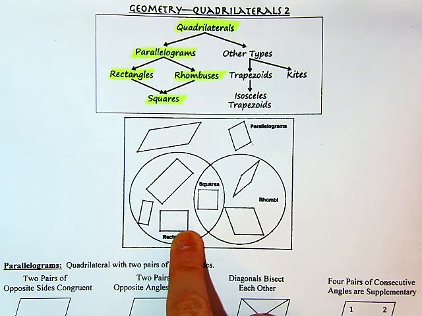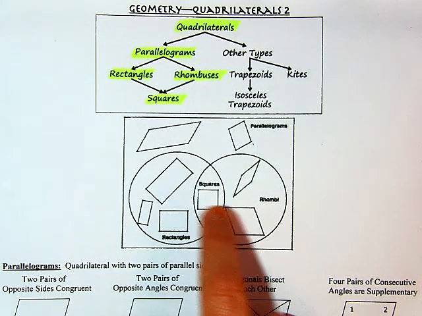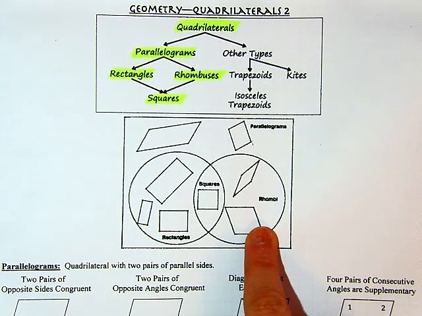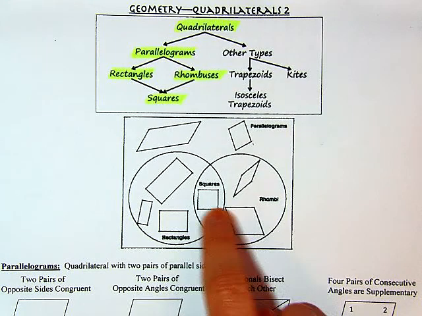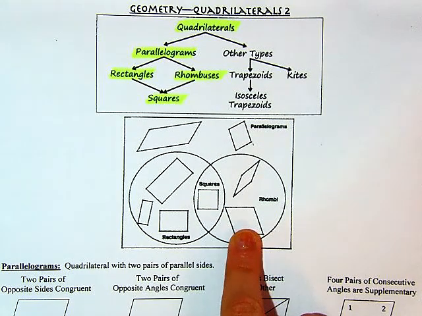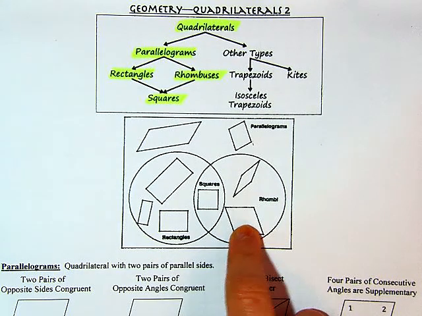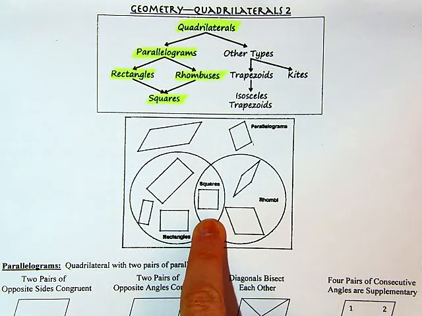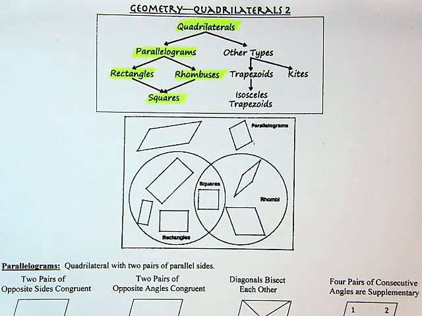It shares all of its properties as well. A rhombus or rhombi, rhombuses, right? Also a type of parallelogram, shares all of its properties as well. And then the square is really all of the above. The square is considered to be a rectangle, a rhombus, and a parallelogram. It shares all of those properties.